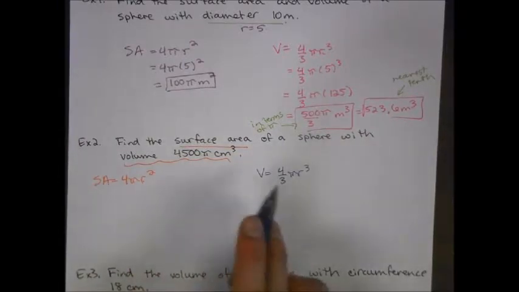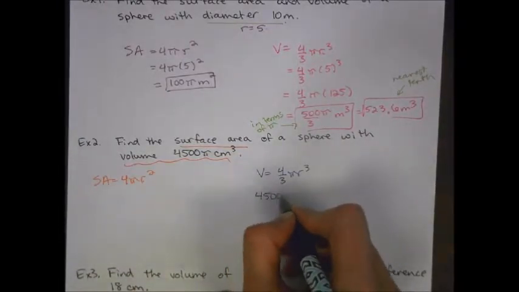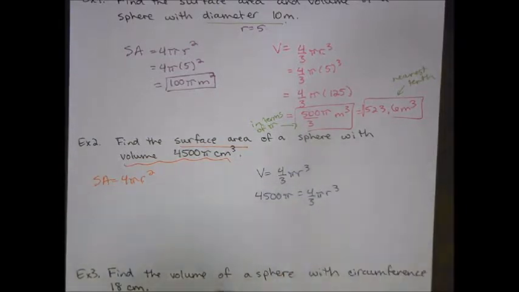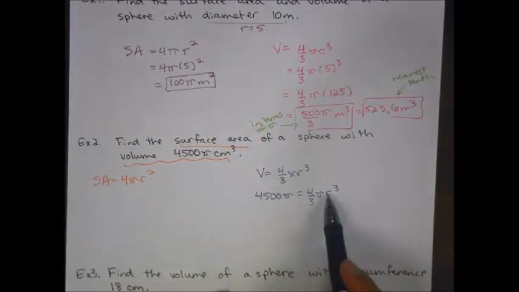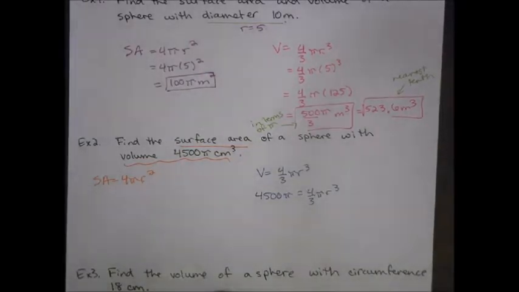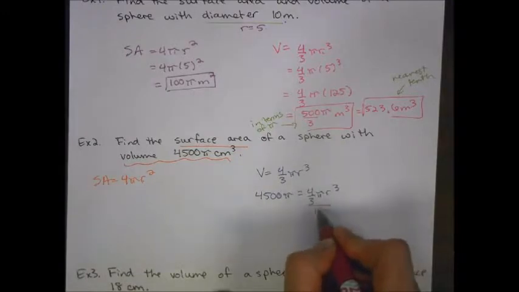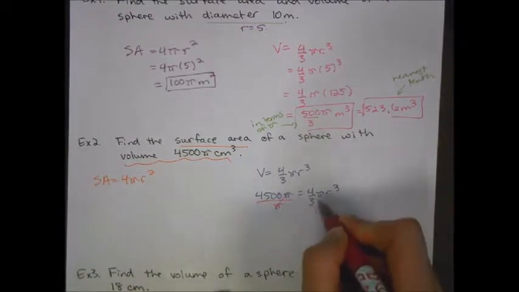So if I plug this in, I can solve for my radius. So let's go ahead and solve. Well, we can divide by pi, cross out the pi's.